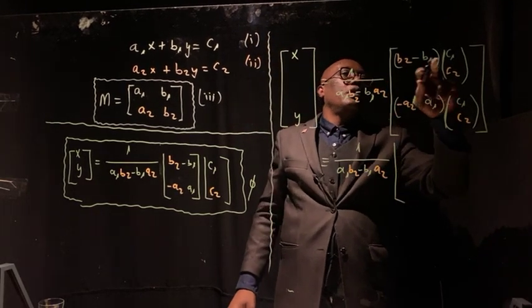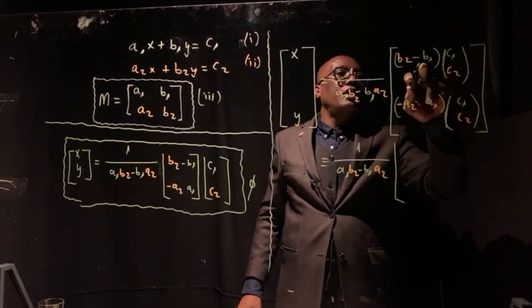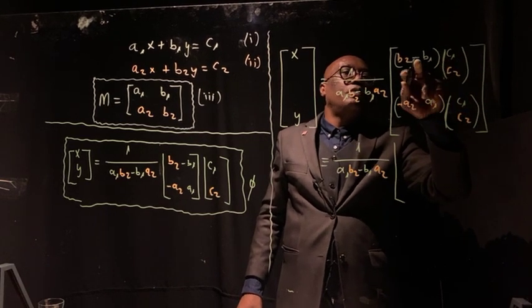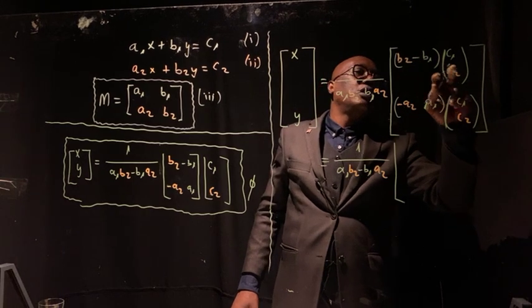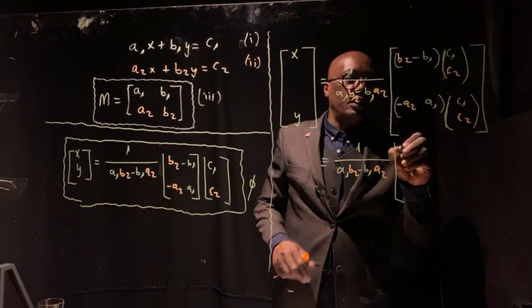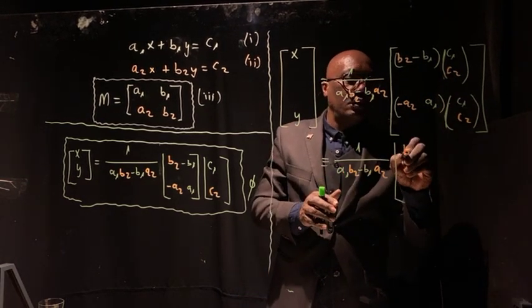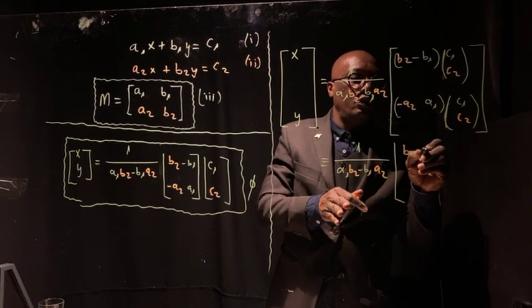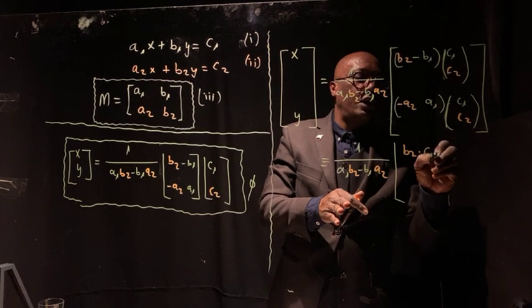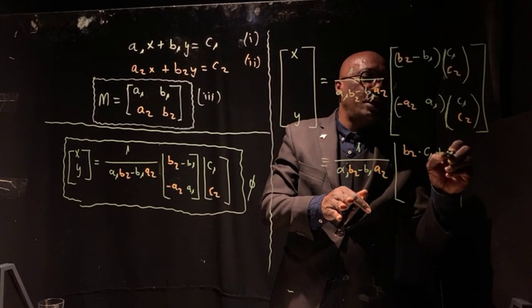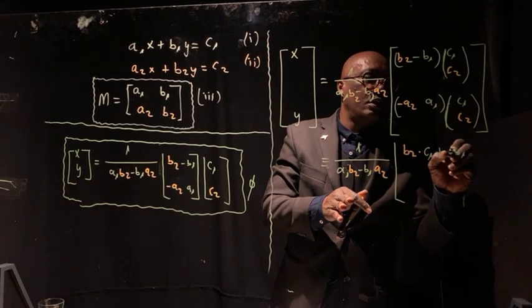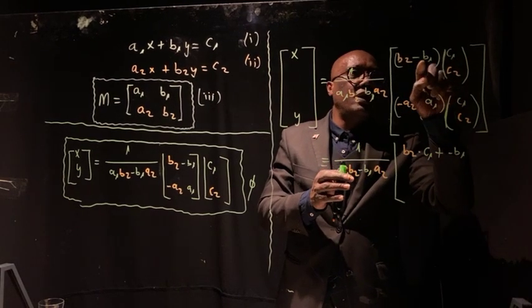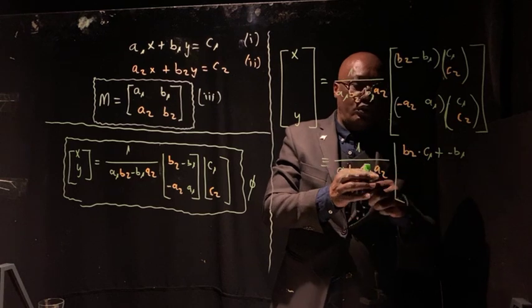Then we have b2 times c1 plus minus b1 times c2.